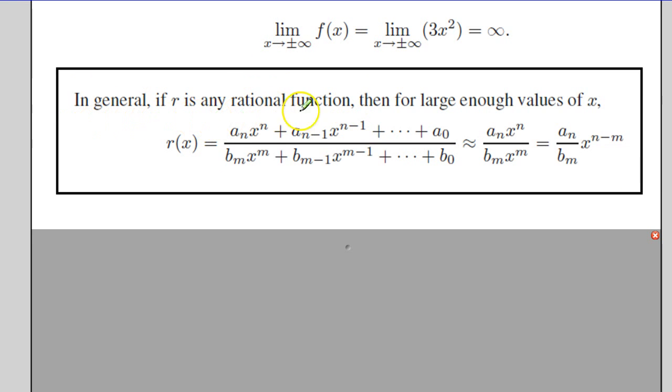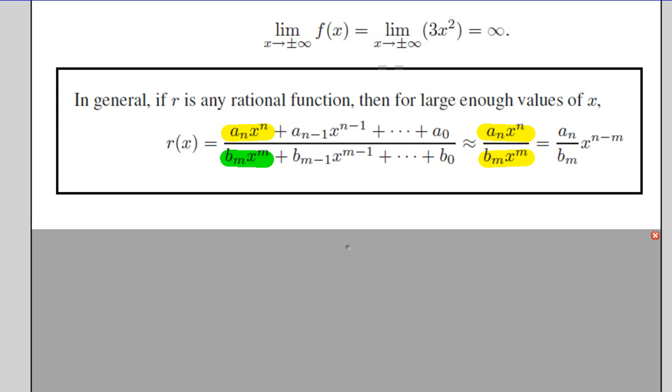In general, if r is any rational function, then for very large values of x, this rational function r, with a polynomial in the numerator and a polynomial in the denominator, where the numerator has a leading term of a sub n x to the n, and the denominator has b sub m x to the m, in the long run is going to look very much like this power term.